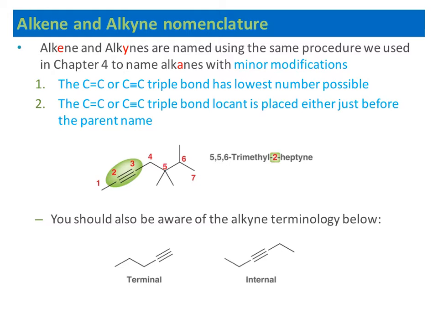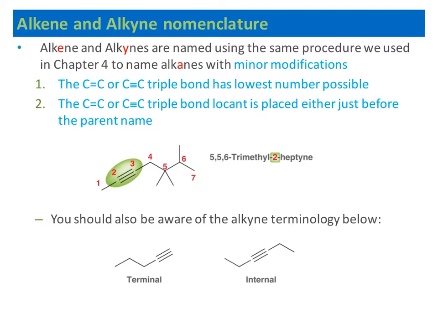Now we have 3 substituents, 2 methyls on carbon 5 and 1 on carbon 6. So we are going to put all of them together. Therefore, it's going to be 5,5,6-trimethyl. And we also need to show the location of the triple bond in the molecule. So it's going to be 2-heptyne. We call that heptyne because the parent chain has 7 carbons.